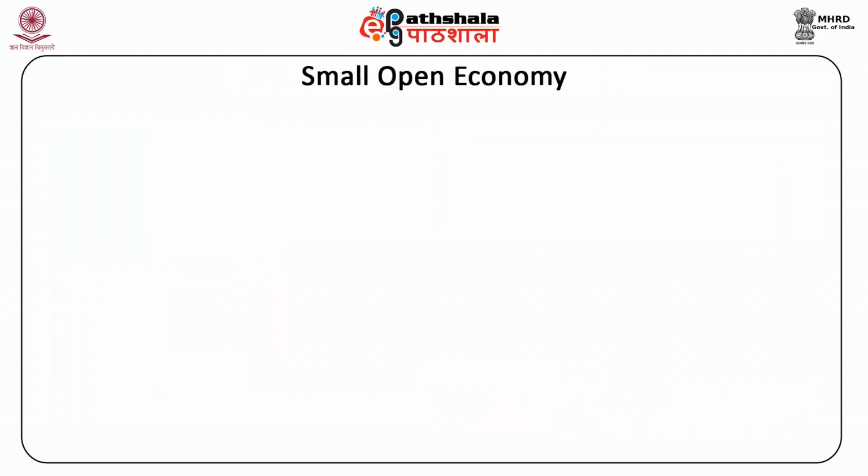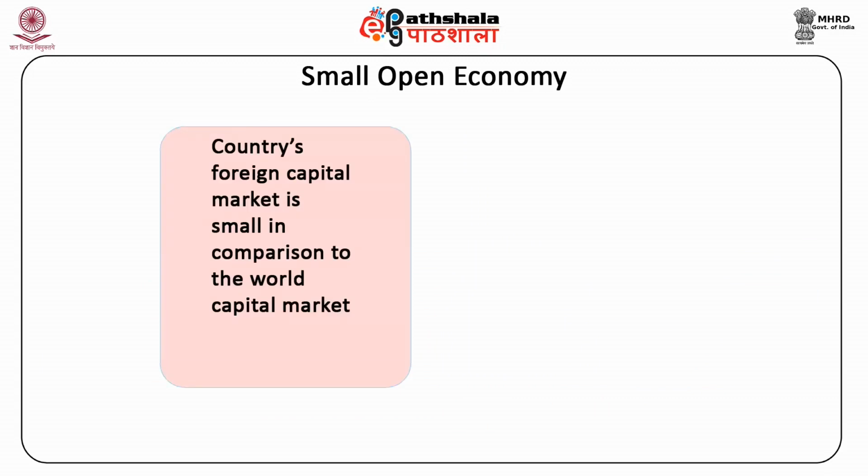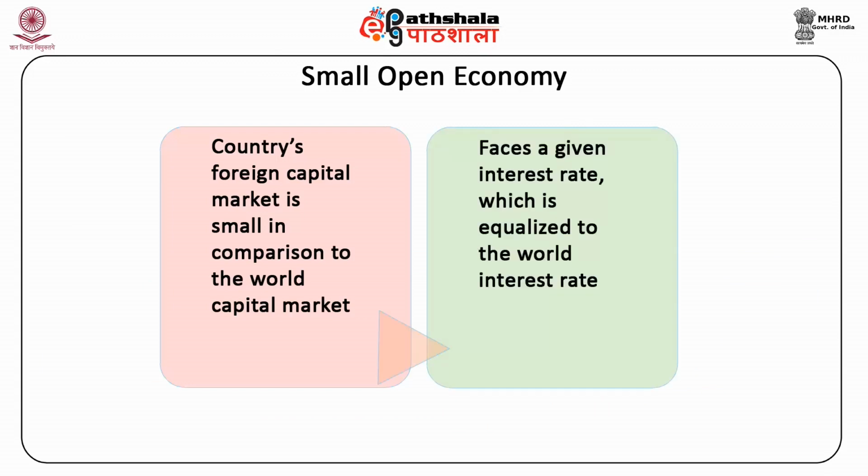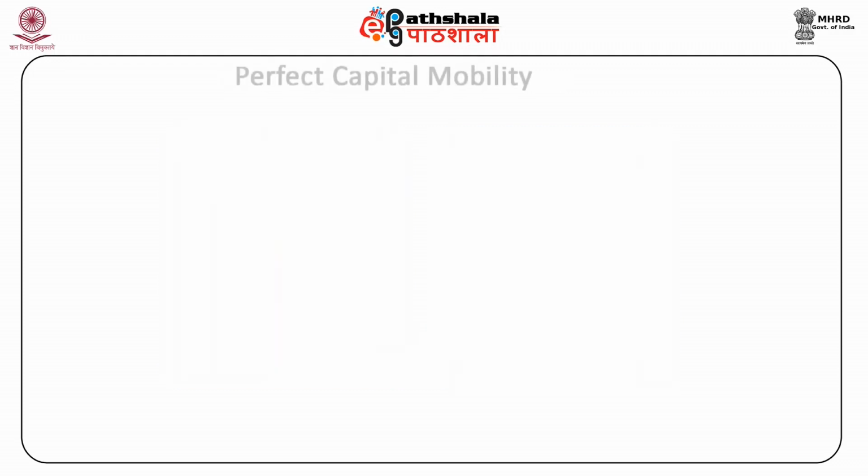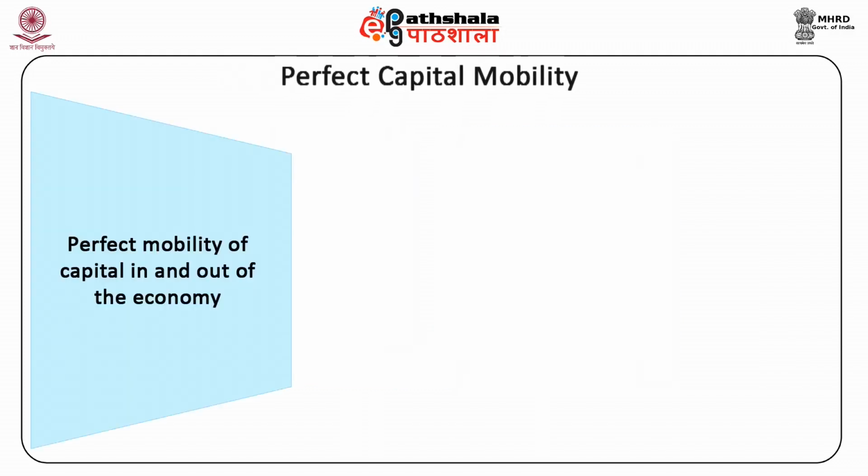First, we have the small open economy. The country's foreign capital market is small in comparison to the world capital market, and hence it faces a given interest rate which is equalized to the world interest rate. Secondly, perfect capital mobility.